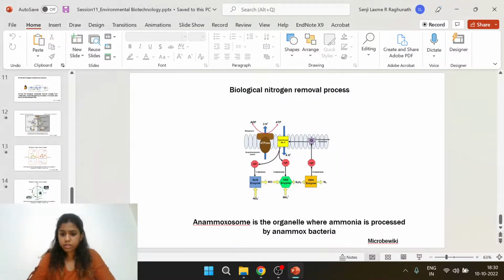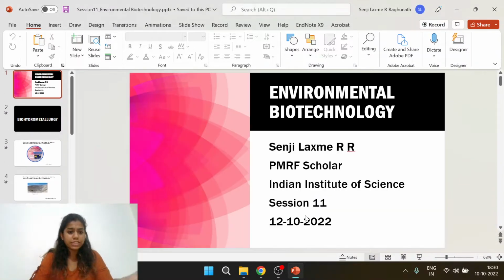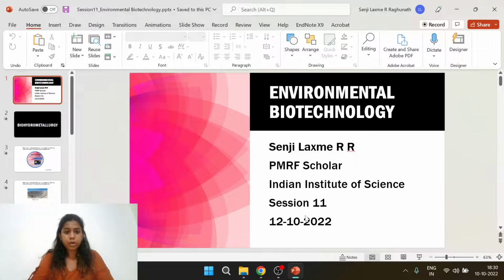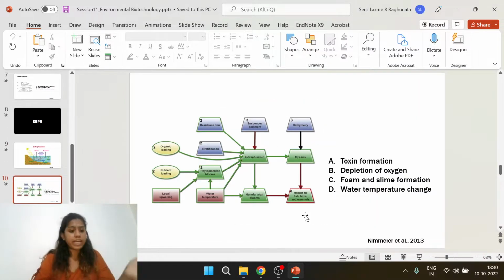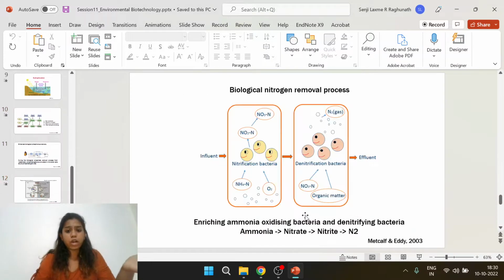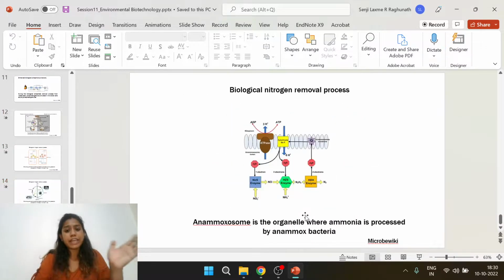So these are what was covered in session 11, the 11th week: biohydrometallurgy, how phosphate and nitrogen can be removed, and how these different bacteria have various enzymes and specific regions that are required for conversion of the nitrates into nitrogen and help in fixation.